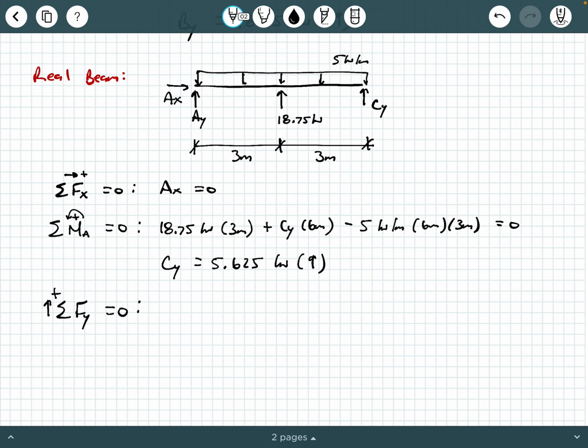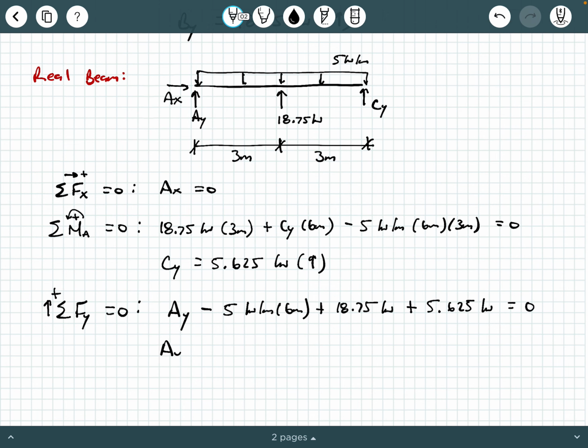Then we're going to say sum of the forces in the y direction equals 0, taking forces pointing up as positive. And so looking at our real beam free body diagram, we're going to have Ay minus 5 kilonewtons per meter times 6 meters plus 18.75 kilonewtons. That was our By that we calculated from our compatibility equation, plus the Cy we just solved for, 5.625 kilonewtons equals 0.